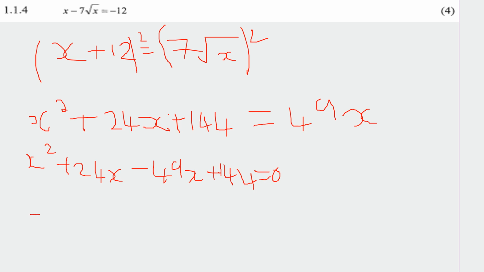So our equation will simplify to x squared. You put 24x minus 49x, it will give you negative 25x plus 144, which is equal to 0.